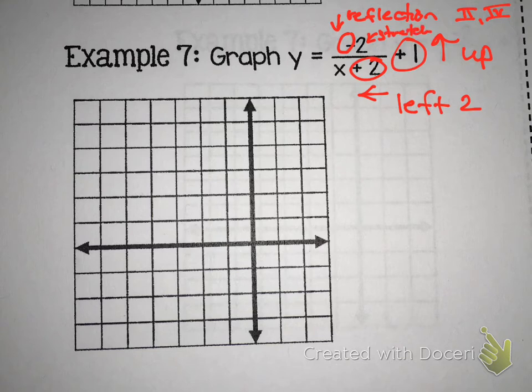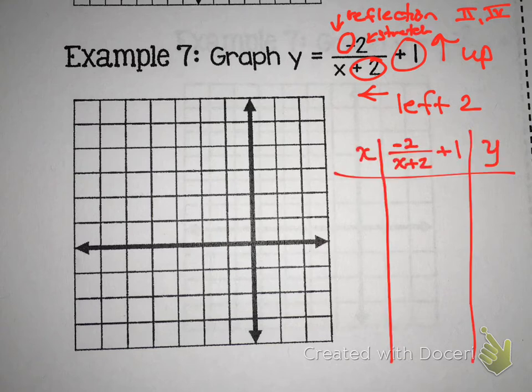Okay, the other thing we have to think about is this is going to affect your horizontal asymptote. So your horizontal asymptote is going to move up 1 from 0, and your vertical asymptote is going to move left 2 as well.